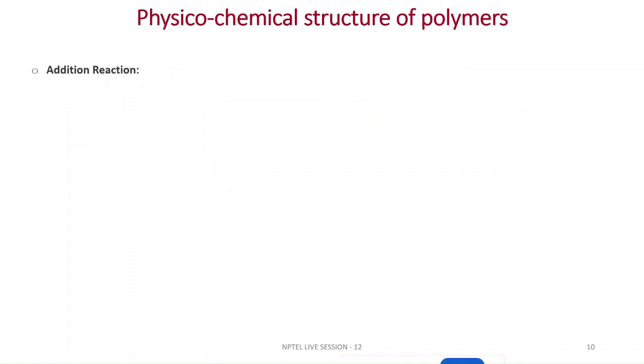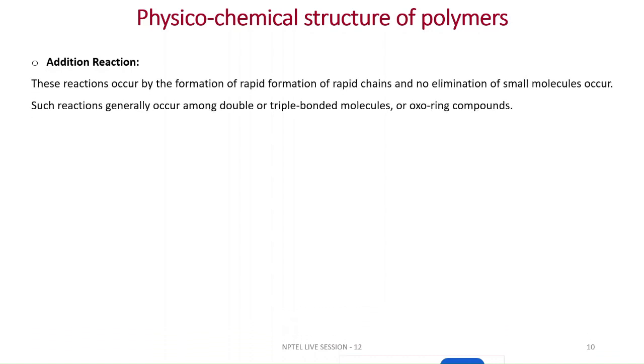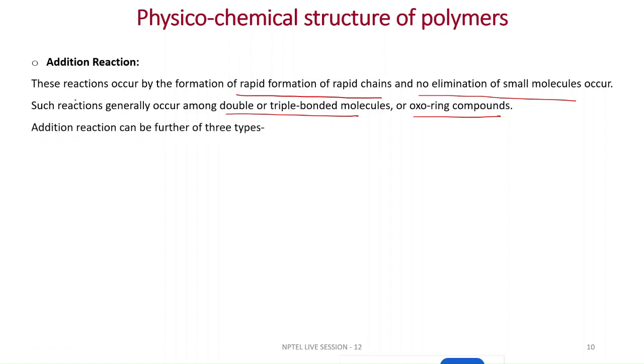Next is the addition reaction. So in the addition reaction, what happens? These reactions occur by the rapid formation of chains, and there will be no elimination of such smaller molecules. Such reactions generally occur among double or triple bonded molecules or ring molecules. Addition reaction can further be of three types.